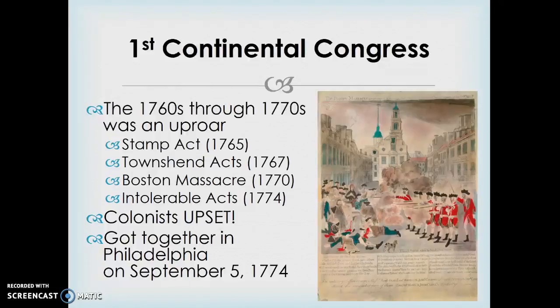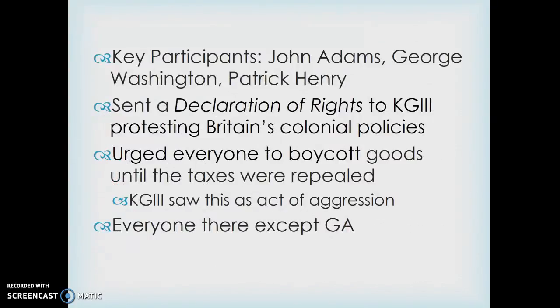Then there's the First Continental Congress. This lasted through the 1760s and the 1770s. They responded to the Stamp Act, the Townshend Acts, the Boston Massacre, the Intolerable Acts. So they get together to form the first official joint Congress. The key participants of this Congress are John Adams, George Washington, Patrick Henry, and they send the Declaration of Rights to King George III, protesting British colonial policies and asking them to repeal the unfair policies if they're not going to give them representation in the Parliament.